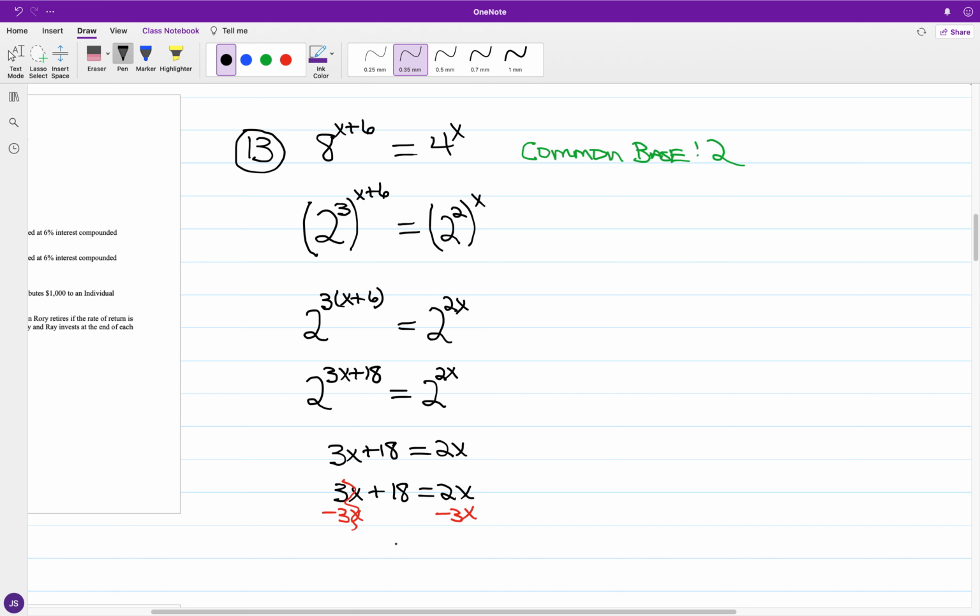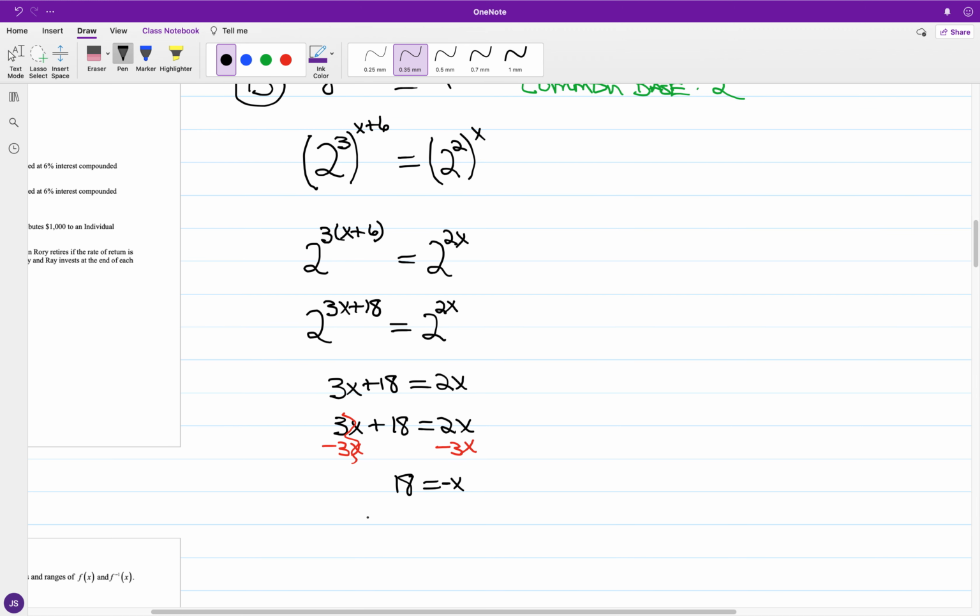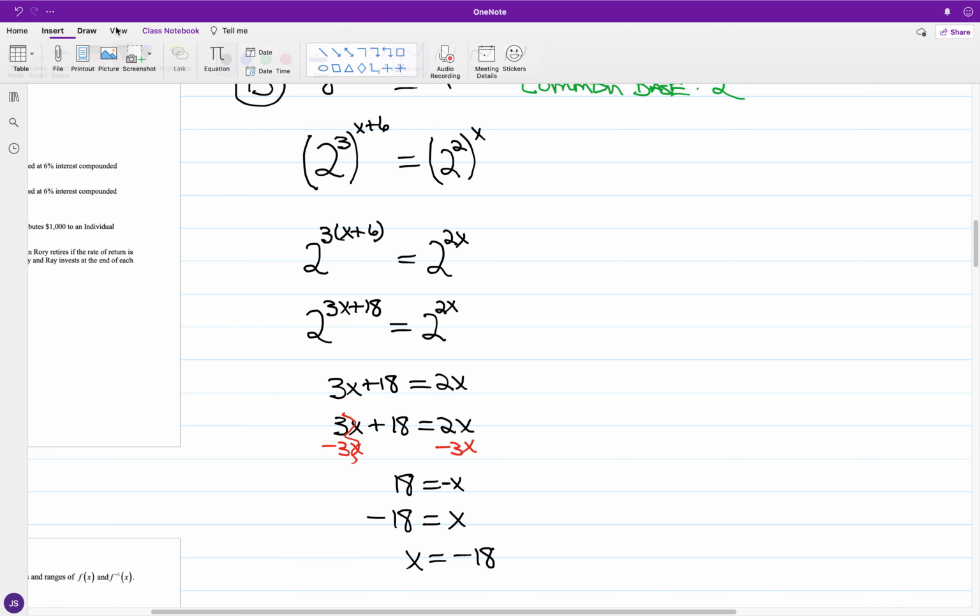And so we're going to have 18 is equal to negative x. Just changing the signs at both ends, we're going to have negative 18 is equal to x, and just formally declaring the solution, the missing value for x is going to be minus 18.